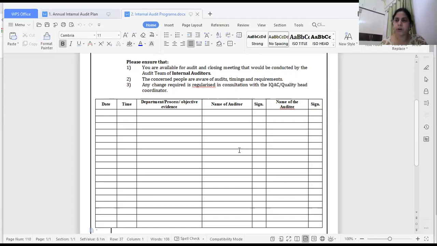You have to go along with the program, and officially it has to be mentioned, and it should look like professional work. Auditor, auditee, and the head of the quality all are working professionally, and all our vision will be matching towards the organizational vision. It is to enhance the organizational vision. This we should keep in mind when you are going for an audit or preparing your audit.